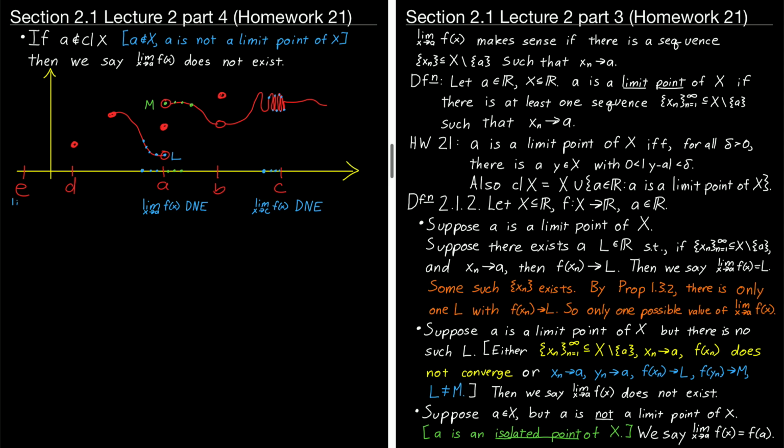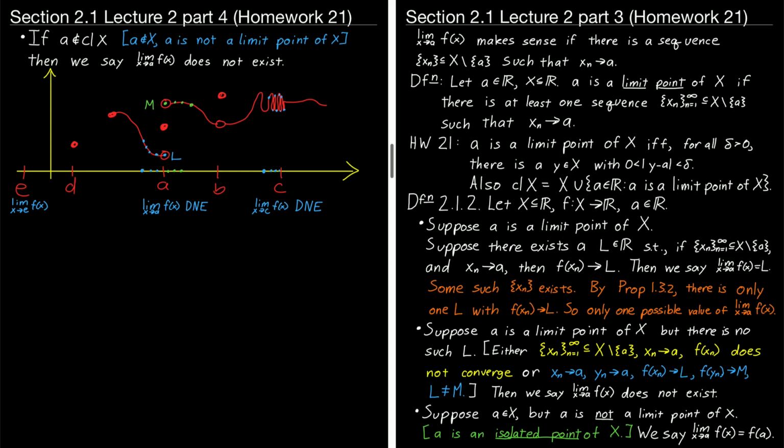And then over here, the limit as x approaches E of f of x doesn't exist because there's no point in the domain anywhere near E. You haven't got a sequence of points that approaches E. You haven't got E itself in the domain, so there's just nothing for the limit to be.